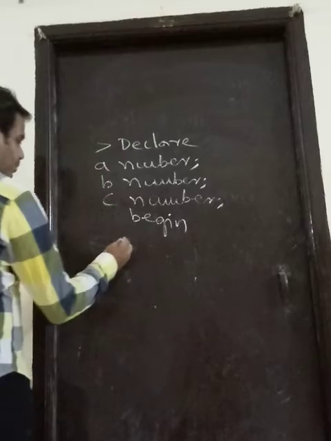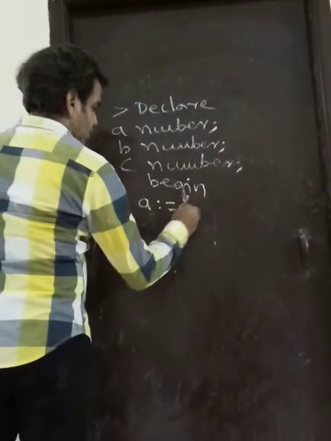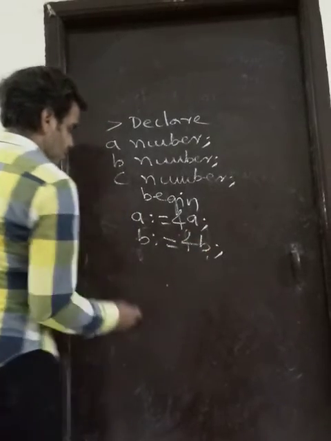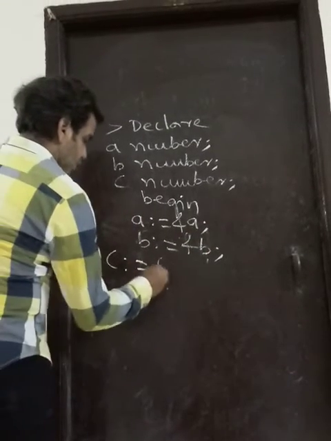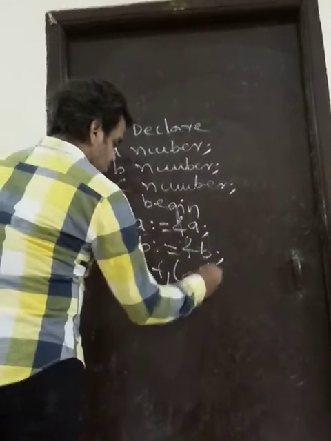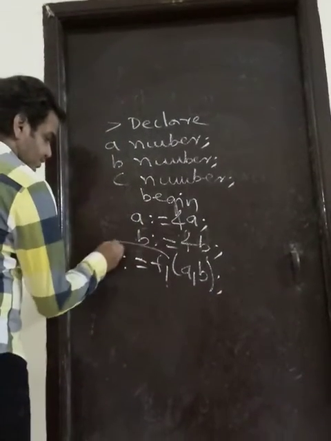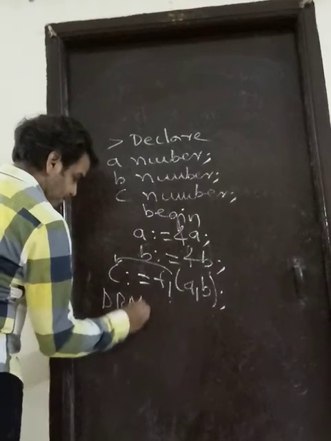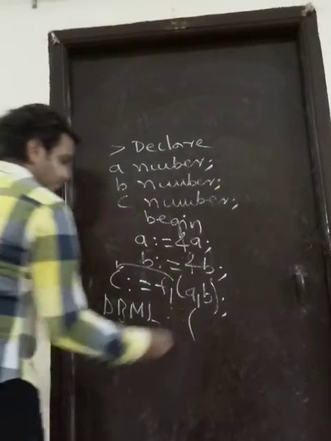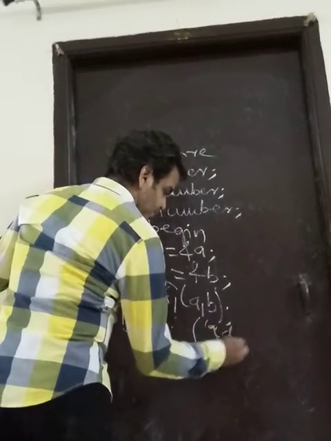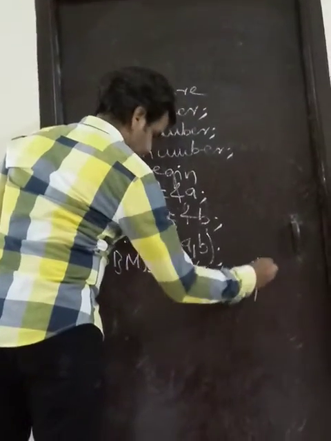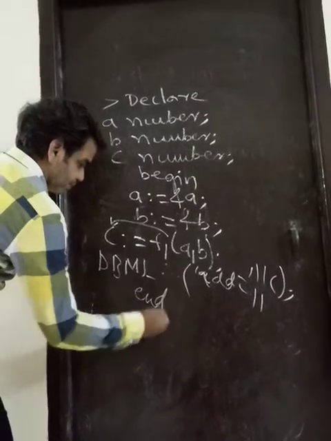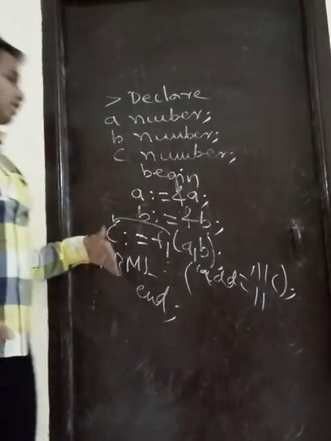First of all at runtime I am accepting A is equal to &A, B is equal to &B, C is equal to F1 A comma B. So A comma B we are adding, after result we are assigning to C, then we are displaying DBMS underscore output dot putline addition is equal to C. So end program.